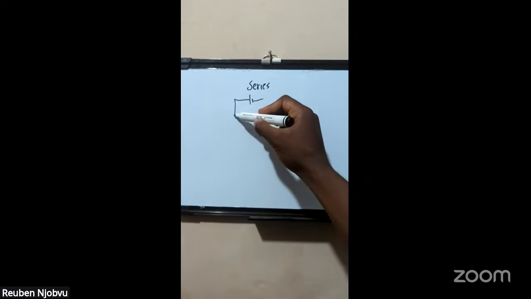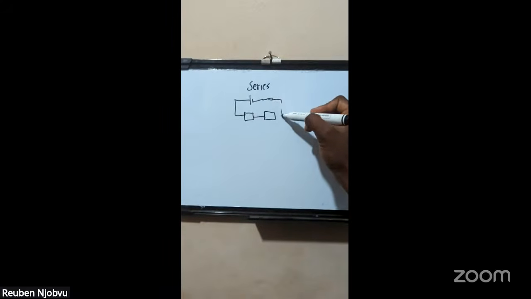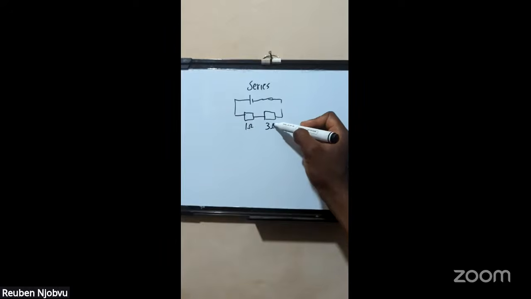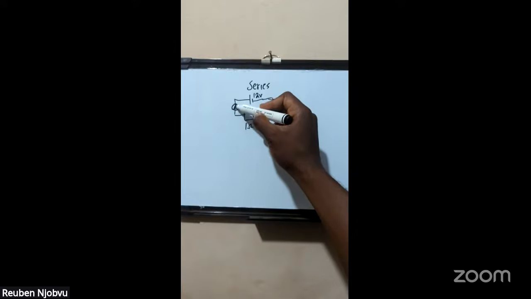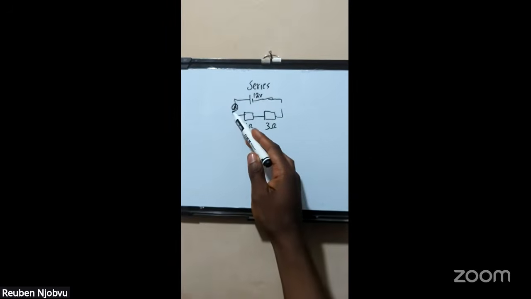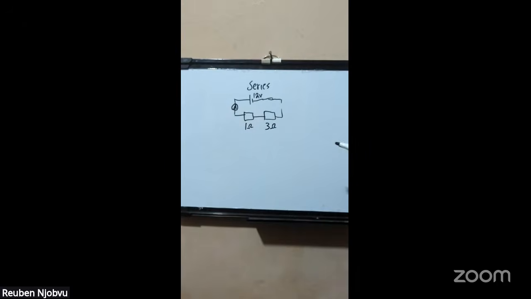Under this type of connection, the rules are that if you have a resistance of 1 ohm here and 3 ohms here, and at this point the voltage is 12 volts, and here there is current A, what you have to understand is that the current flowing through this conductor is the same.